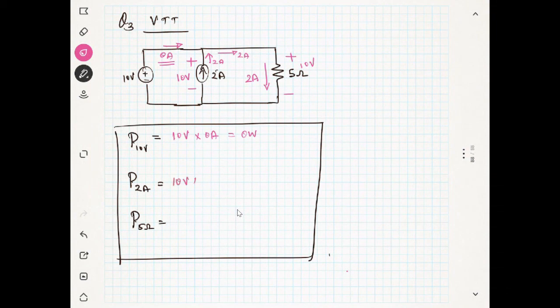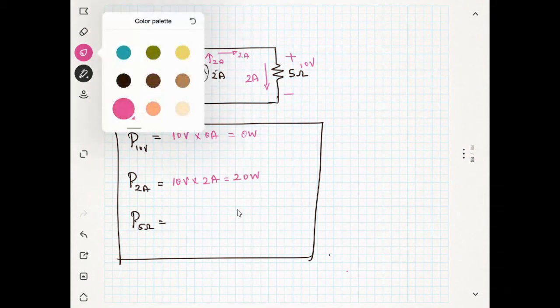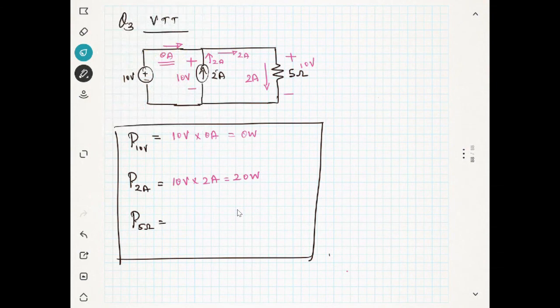It is 10 volt multiplied by 2 ampere, yes, 20 watts. And you can see here the voltage is minus and the current is entering. Since the current is entering the negative terminal, this guy is delivering power. Am I correct? Yes. So that's why this concept is very, very important.